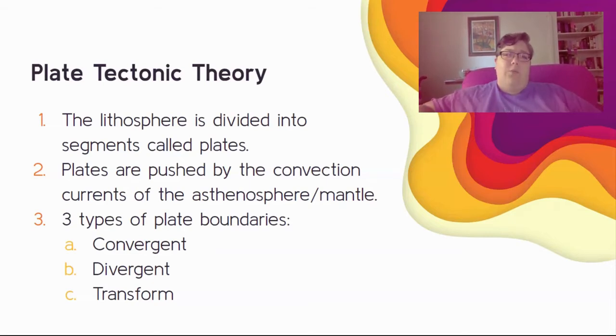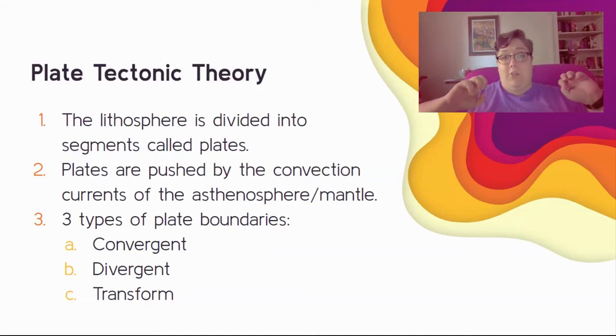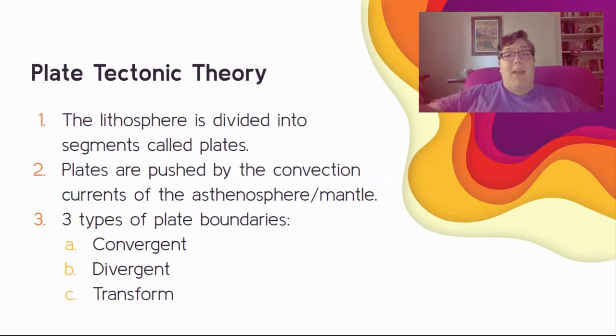So in the mantle, what you see happening is the bottommost part of the mantle, the part nearest to the core, is the hottest. So the liquid rock that is down there closest to the core heats up. As it heats up, it gets less dense, so it rises towards the top layers of the mantle. There, because it's farther away from the heat of the core and the pressure of the core, it starts to cool down.